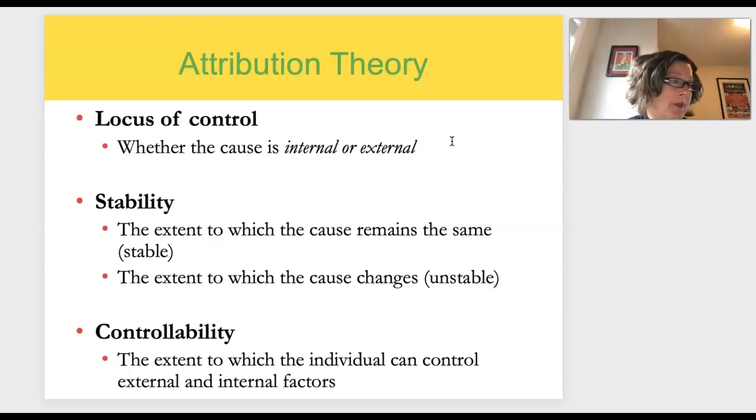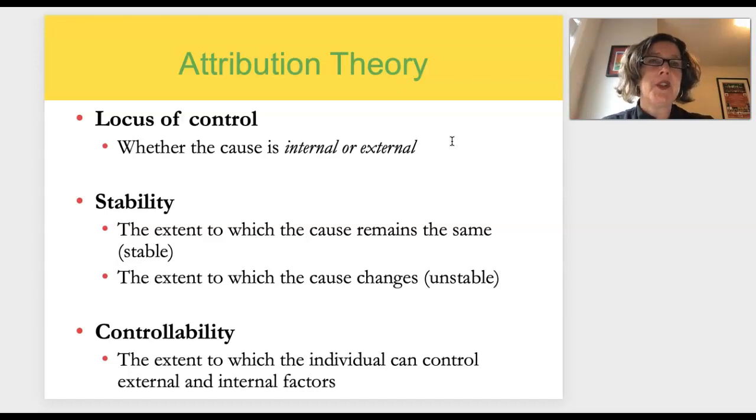Okay, and controllability. So this is the extent to which the individual can control external and internal factors. So for example, when a student perceives that they are prevented from succeeding because of external factors that other people have controlled, this often makes them angry and frustrated.